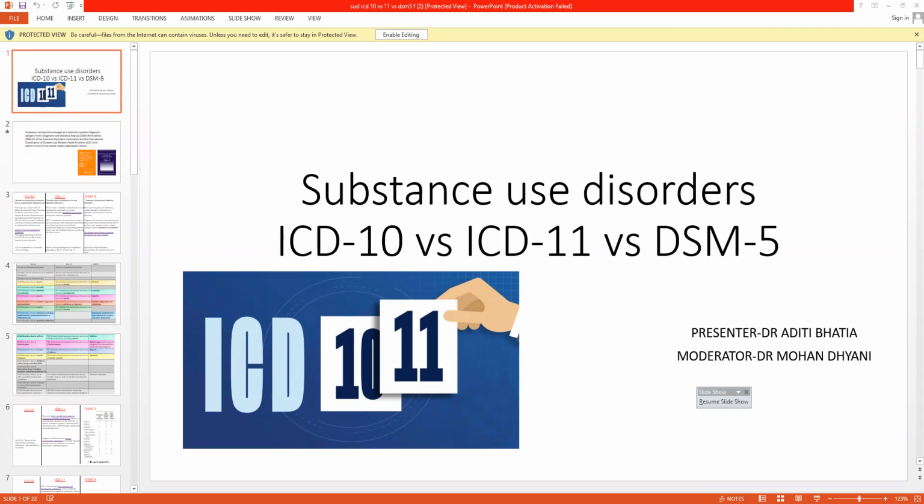Somebody having opioid dependence and also sedative dependence, then you will make a comorbid diagnosis. So in ICD-11 they mentioned to make comorbid diagnosis instead. I think this is right because at least one category will fulfill it, otherwise ultimately we are not able to make a diagnosis. Maybe that is why they have taken it. Very unstable diagnosis.